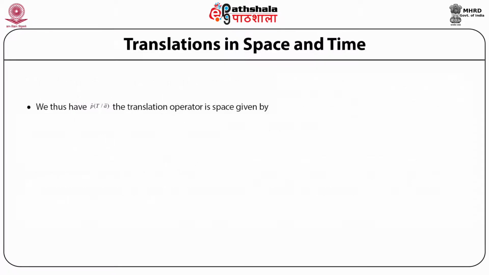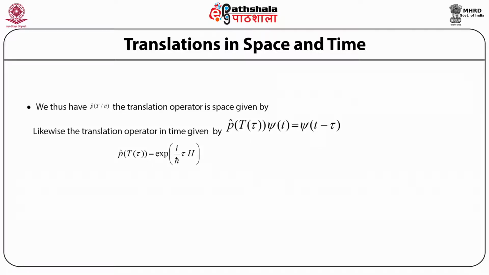Thus, we have P hat, the translation operator in space, given by exponential of minus i by h cross a dot p. Likewise, the translation operator in time, which we represent as P hat T of tau acting on psi, gives psi of t minus tau.